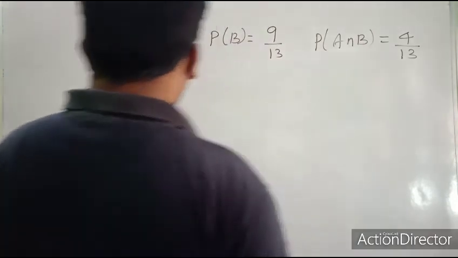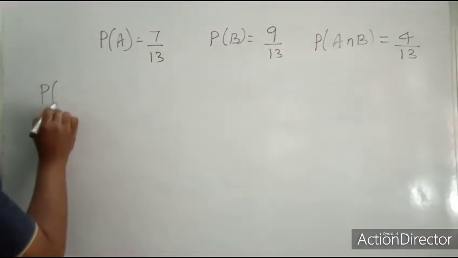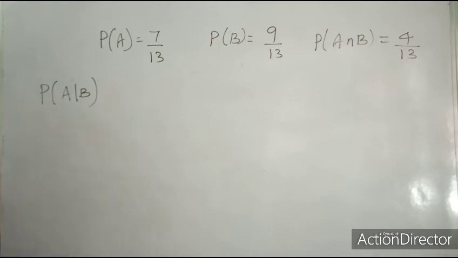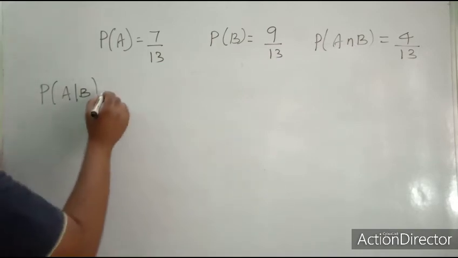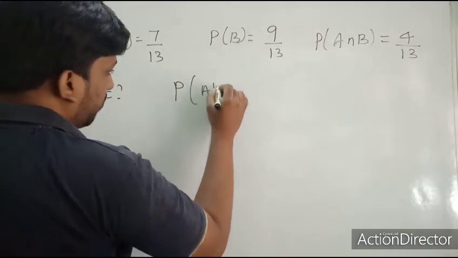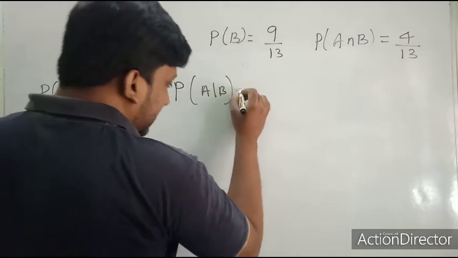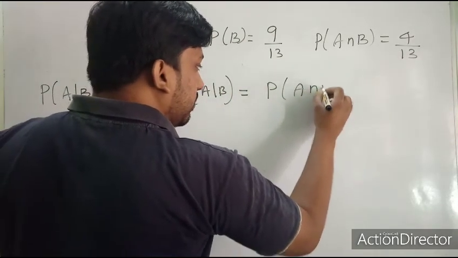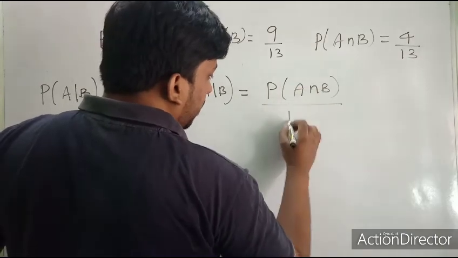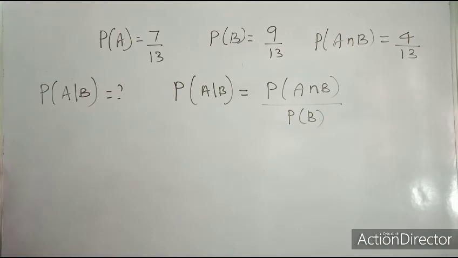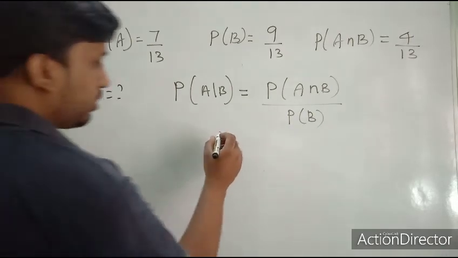We need to find P of A given B, probability of A given B. So to find this, what is the formula we have? P of A given B is P of A intersection B by probability of B. This is the formula we have, isn't it? So obviously we can do it.